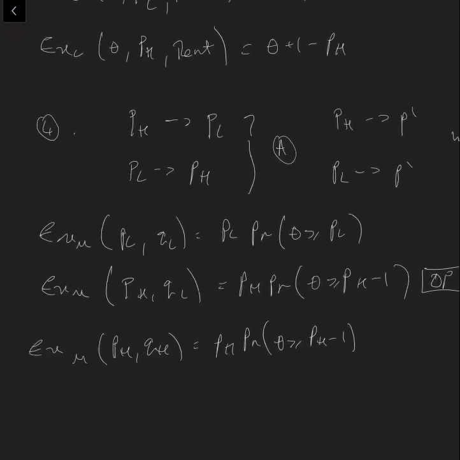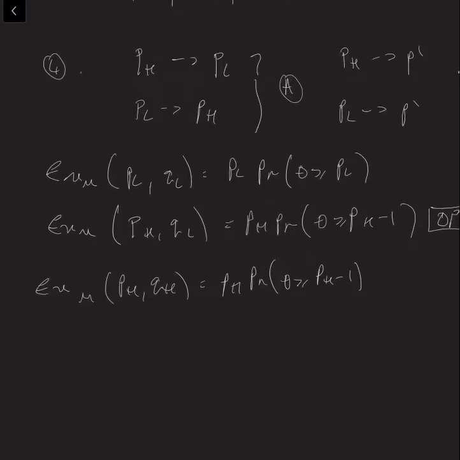Okay. What about the corresponding off-path utility? That is to say, what does Monica get if she posts the high quality flat at PL? Well, that's just going to be PL times the probability that theta is greater than or equal to PL.